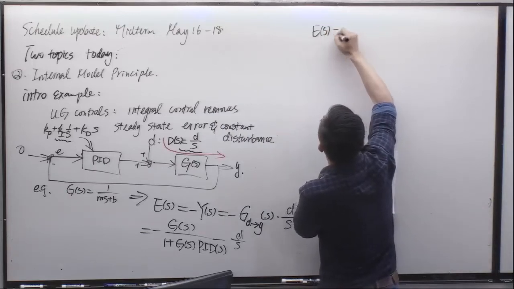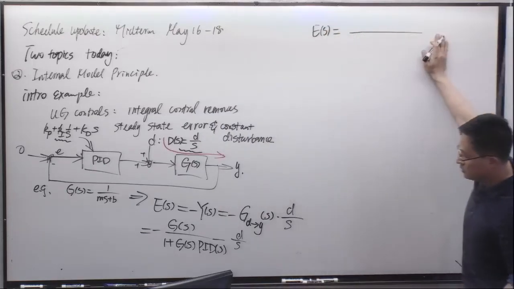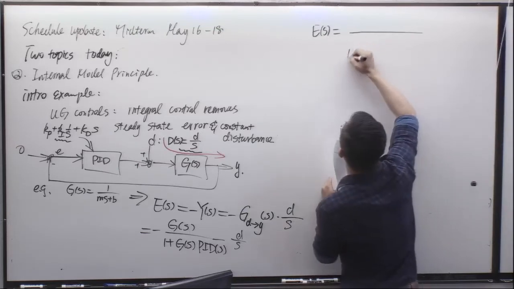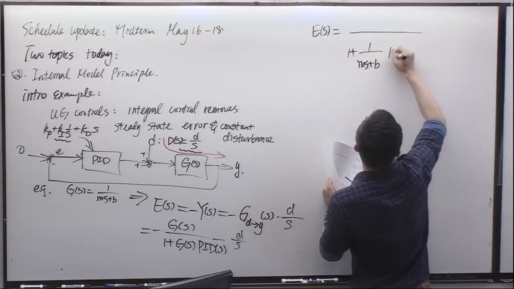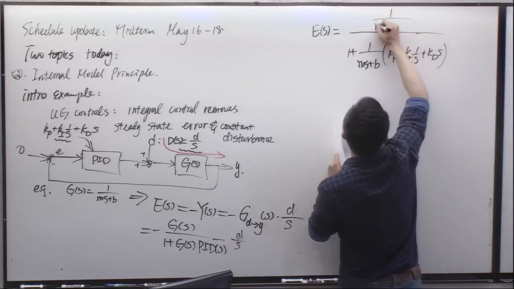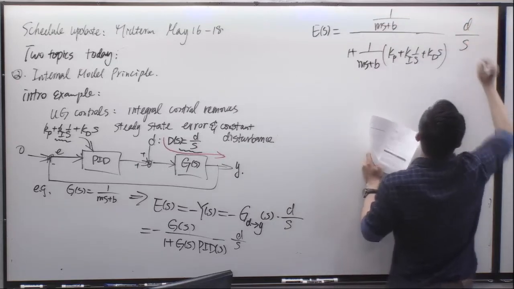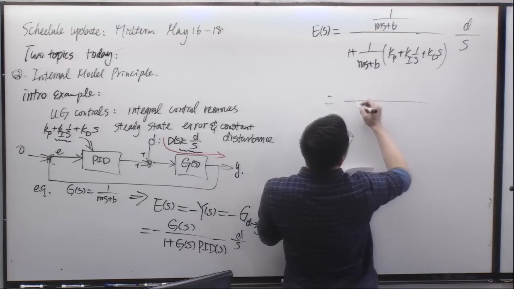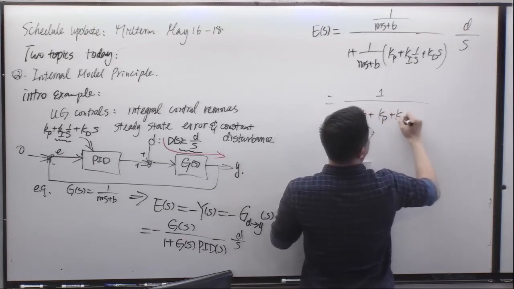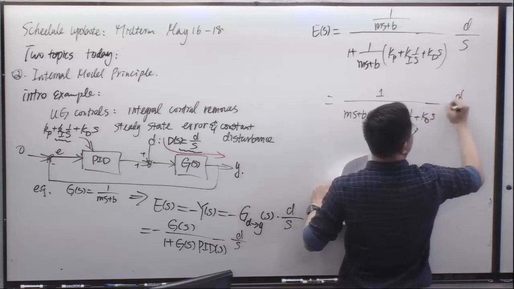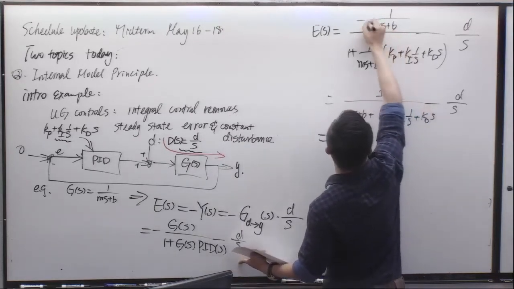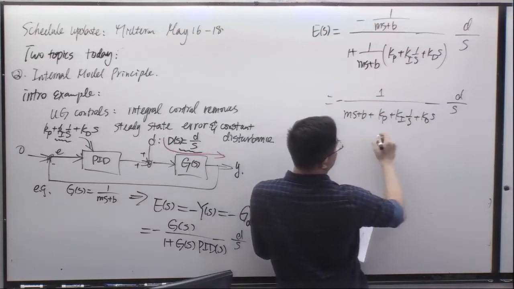So E of S equals, if you do the calculation, let's do it together. 1 plus (1 over Ms plus B) times the PID, and then 1 over Ms plus B, times D over S. It's going to equal to 1, and then D over S, or there's a negative sign, I think. Negative. And then it's going to be S.